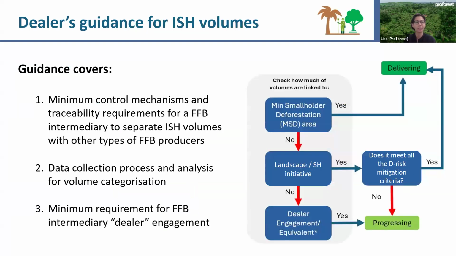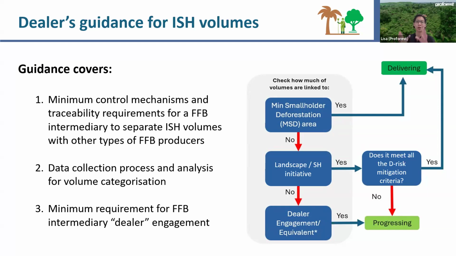So this guidance covers basically the minimum control mechanisms and traceability requirements for a FFB intermediary to separate independent smallholder volumes from other types of FFB producers. So in essence, your dealer or intermediary, your co-op, they need to be able to differentiate independent smallholder volumes away from independent plantation volumes. Secondly, data collection processes and analysis for volume categorization.